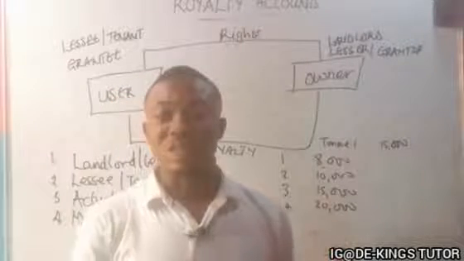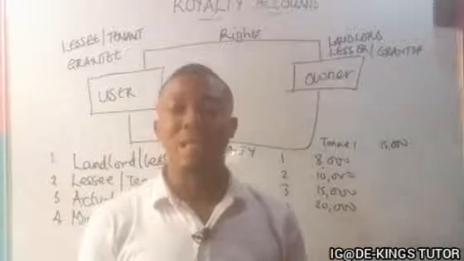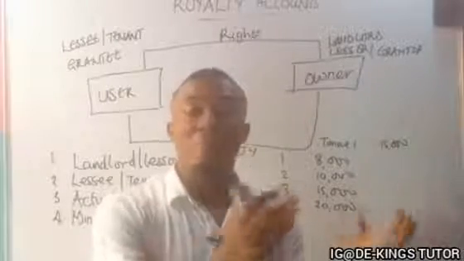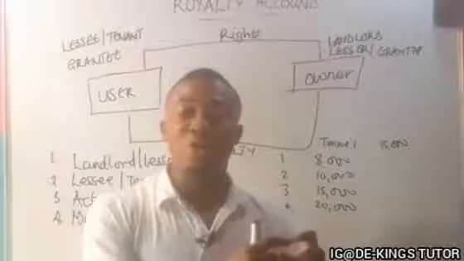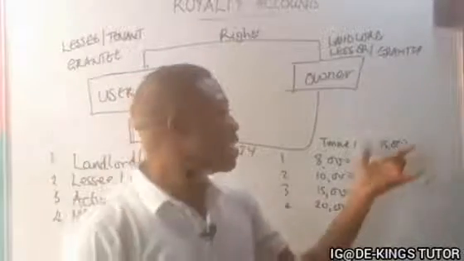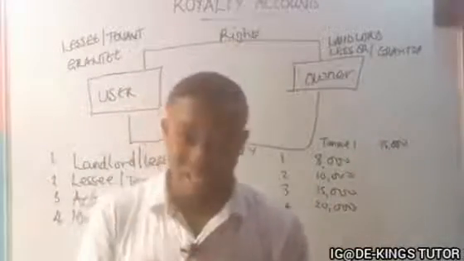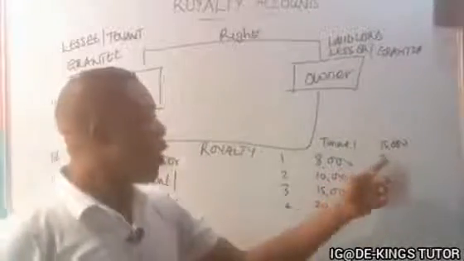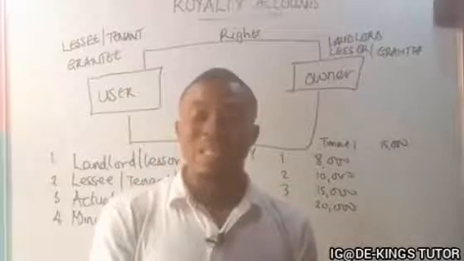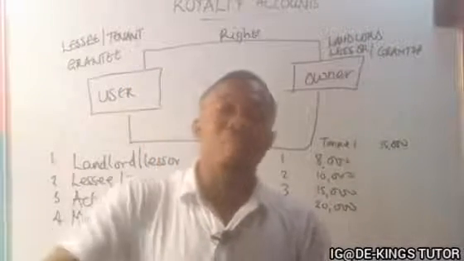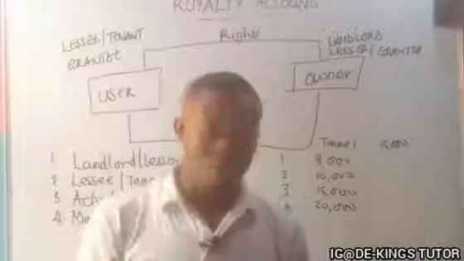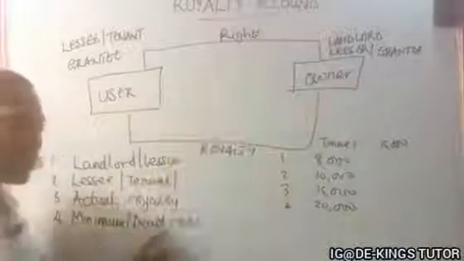His concern is that you have come to an agreement, and whatever you sell, look at the amount you are going to pay me for each. That is the minimum amount I want to get. So that is what we call minimum rent. It is the minimum amount that is payable to the landlord. You can't pay below that amount, but it can be paid above.